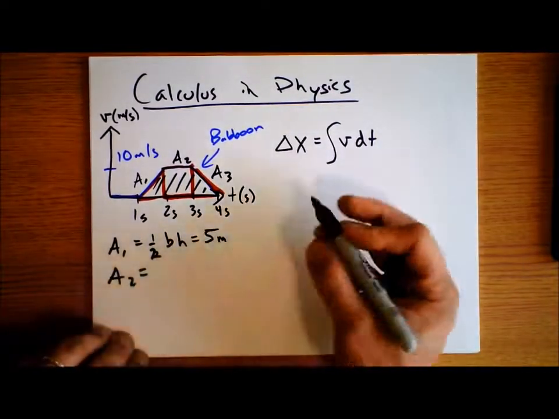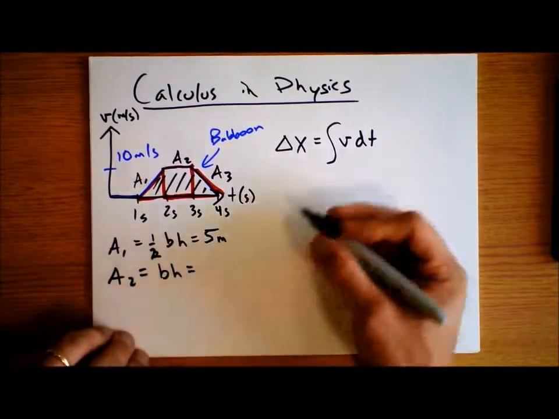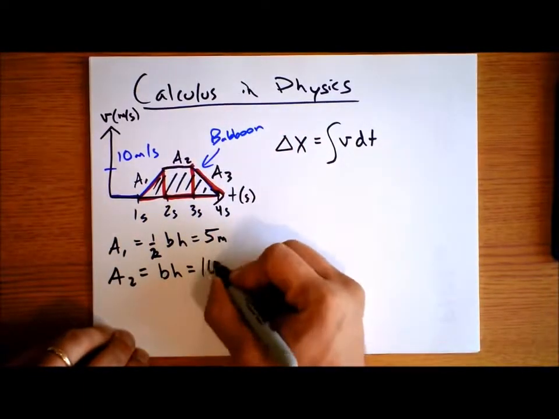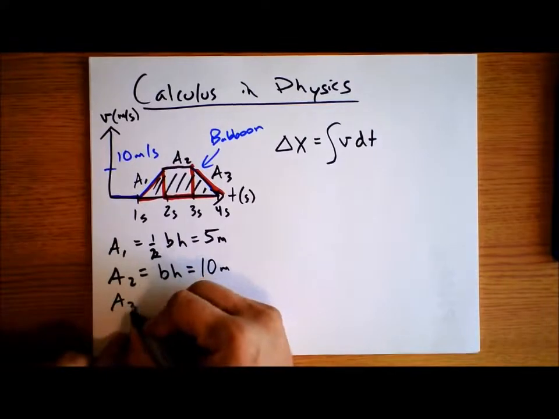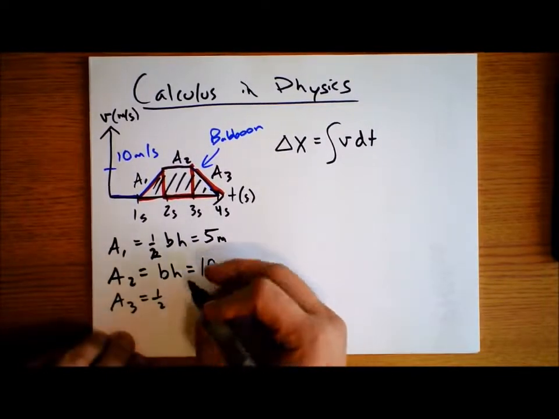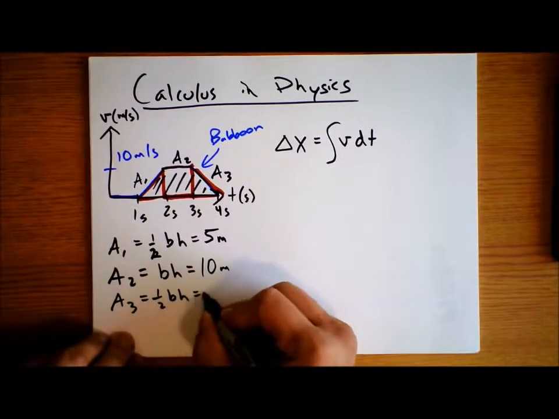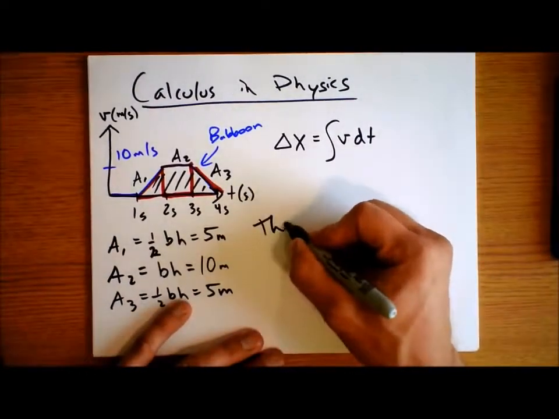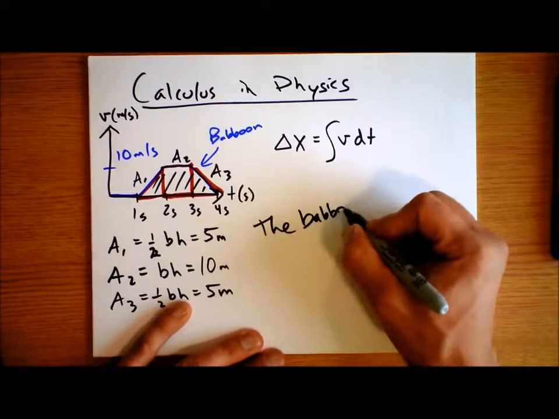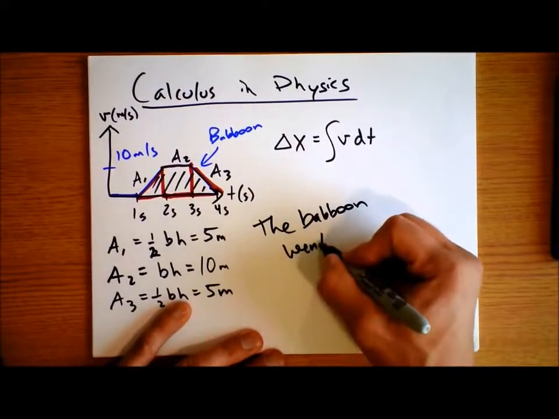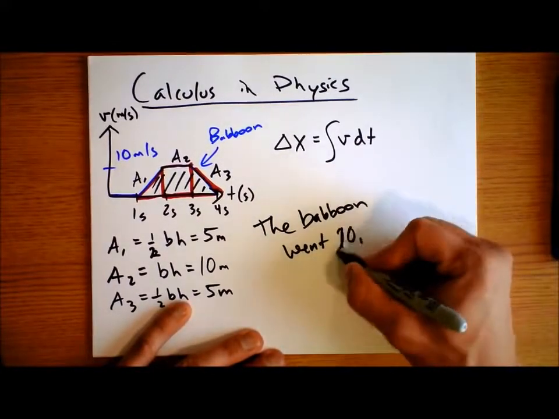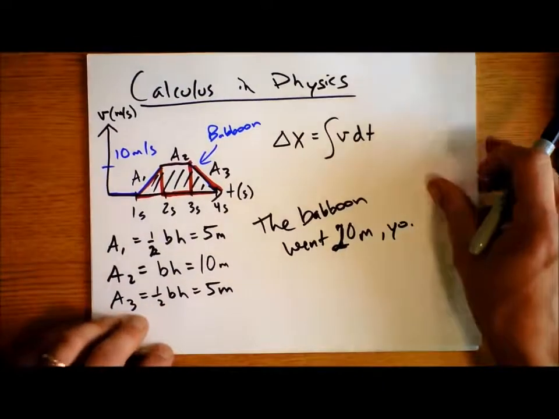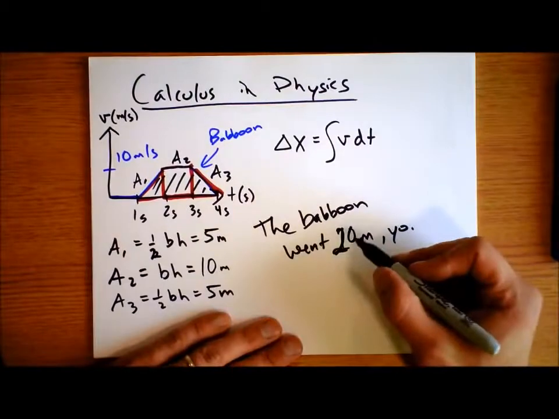Area 2 is base times height, so we've got 1 second times 10 meters per second, 10 meters, and area 3 corresponding to area 1, 1/2 base times height, also 5 meters. So we say the baboon went 20 meters. Yo, that's an easy problem, but we don't know where the baboon is.